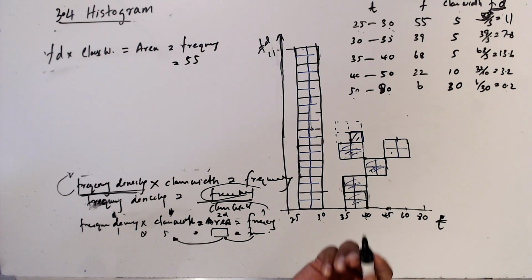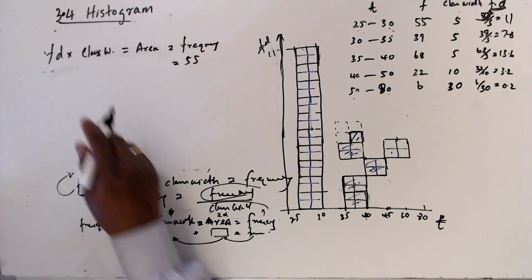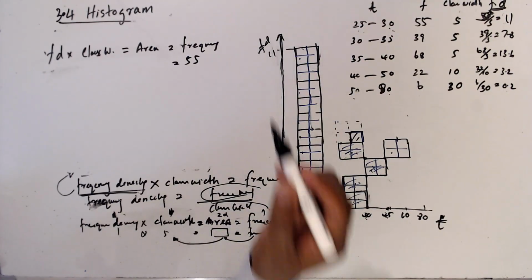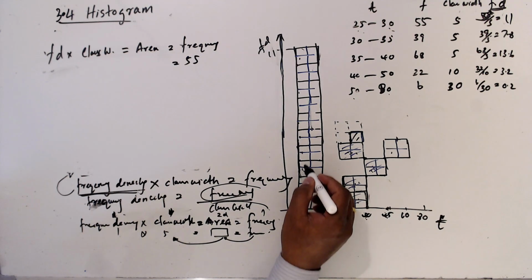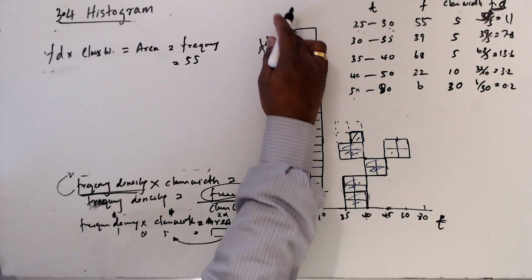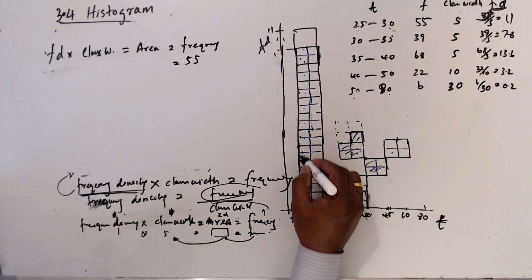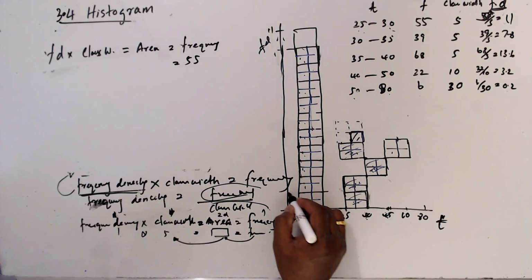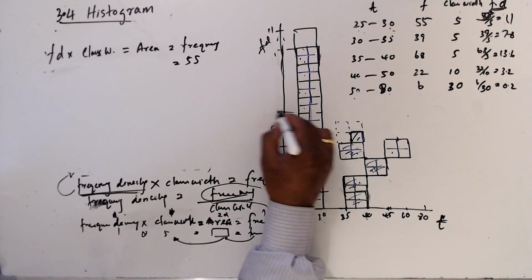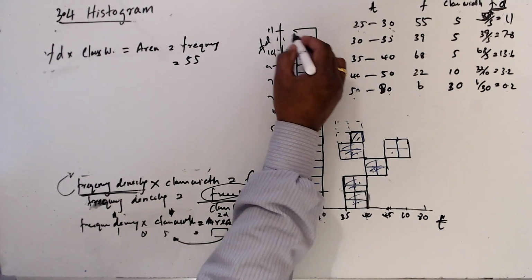If we know the frequency, then area is small boxes. How many? 1, 2, 3, 4, 5, 6, 7, 8, 9, 10, 11.